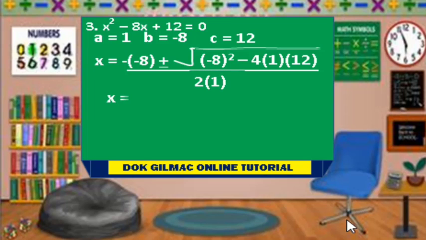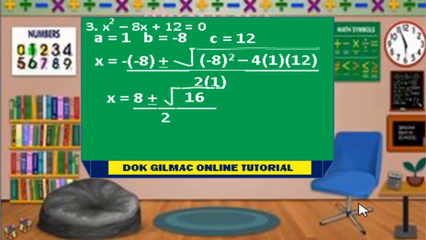Simplifying further, we have x is equal to negative times negative 8 is positive 8, plus and minus the square root of 8 squared is 64, minus 4 times 12 is 48. So we have 16, all over 2 times 1 is 2.